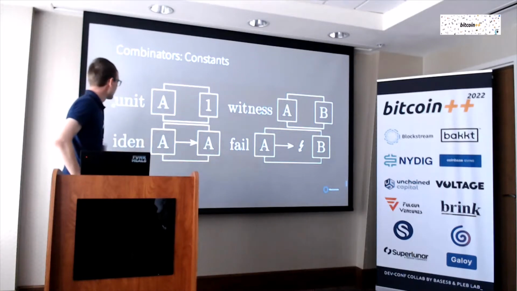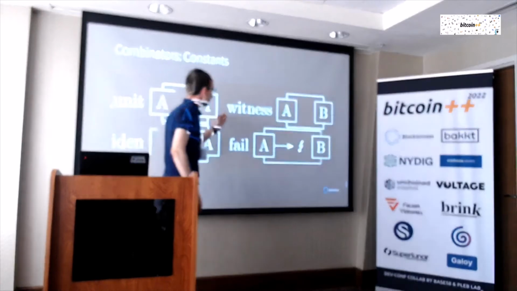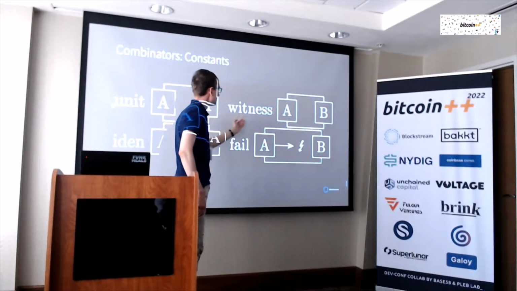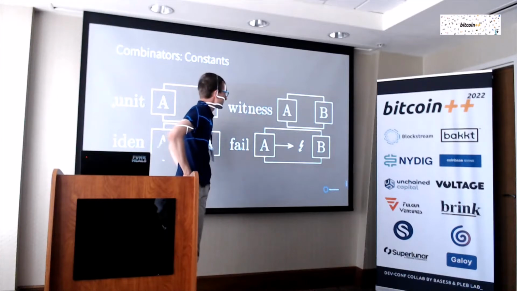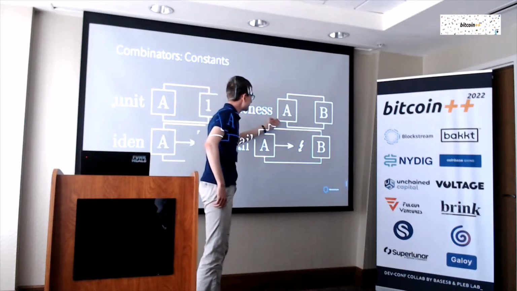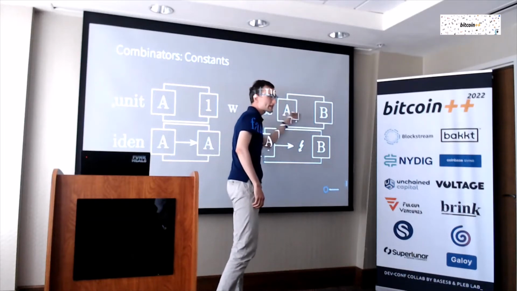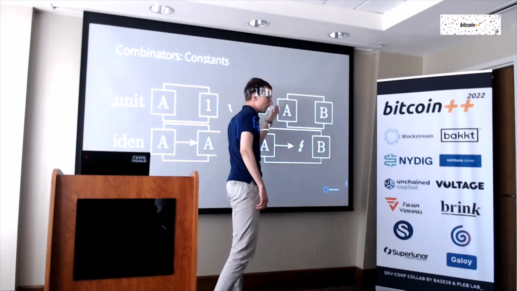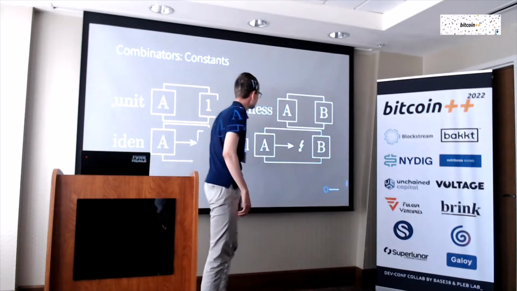Speaking of witness, there's a very similar combinator, the witness combinator or the witness circuit. And it takes any input and then produces an output. And again, there is no connection between input and output because the input is just ignored. And we just produce a constant output.